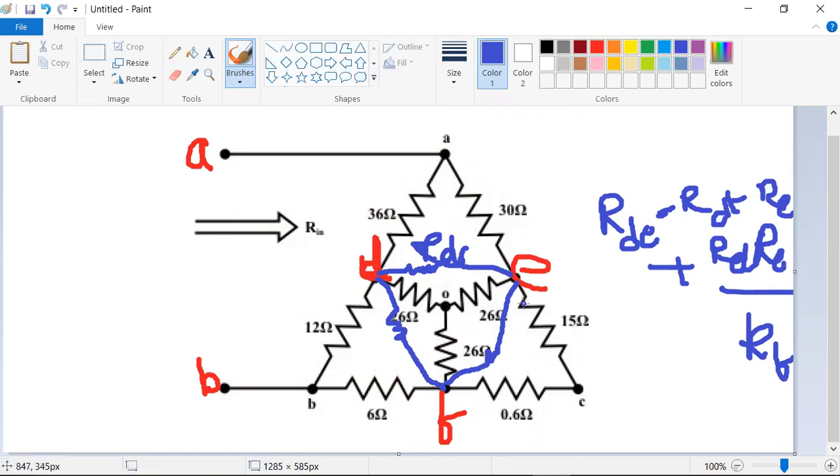So in this way we can find: 26 plus 26, 26 plus 26 plus 26 into 26, 26 divided by 26, plus... 78. So the value is 78. The same values will be present here: 78, 78, 78.